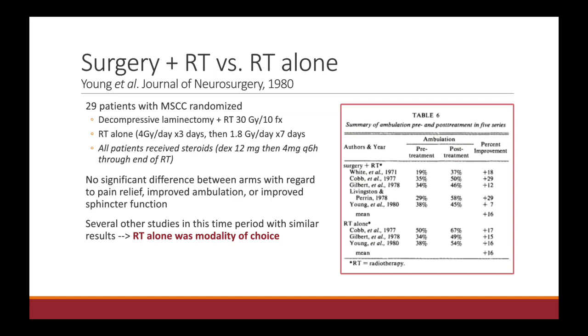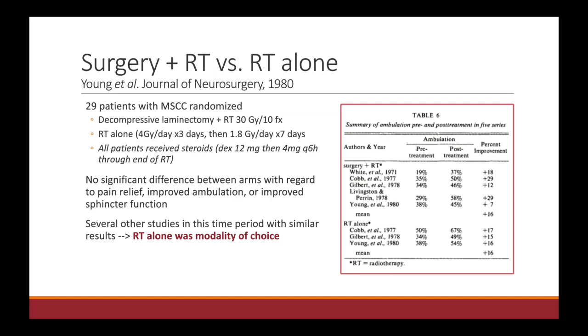A very early study that was published in 1980, representative of many of the studies coming out around that time, randomized patients to radiation alone to the spine versus a decompressive laminectomy plus palliative radiation. Again, all these patients received steroids. And they found that the patients that received decompressive laminectomy actually didn't benefit, and there was no significant difference between the two arms in terms of pain relief, improved ambulation, or improved sphincter function.